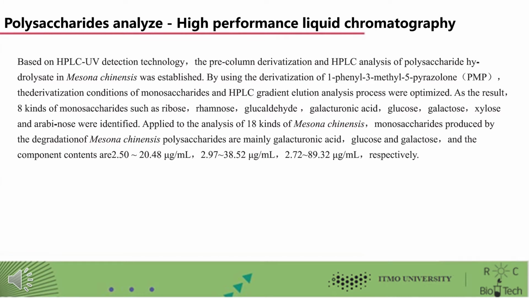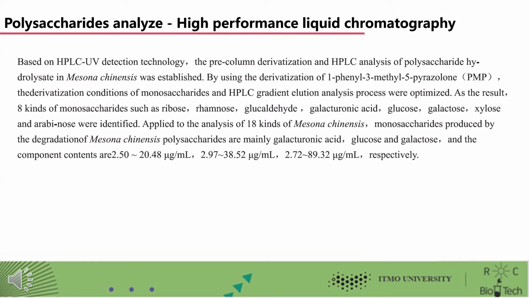Based on HPLC UV detection technology, the pre-column derivatization and HPLC analysis of polysaccharide hydrolysate in Mesona Chinensis was established by using the derivatization of 1-phenyl-3-methyl-5-pyrazolone.